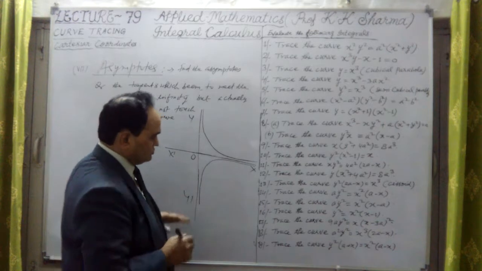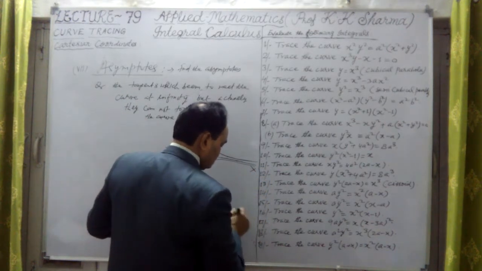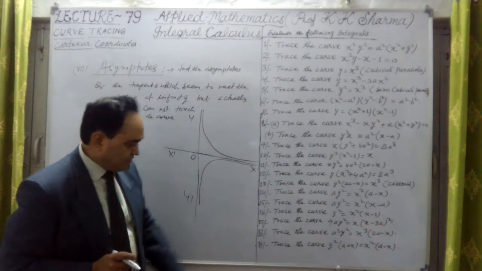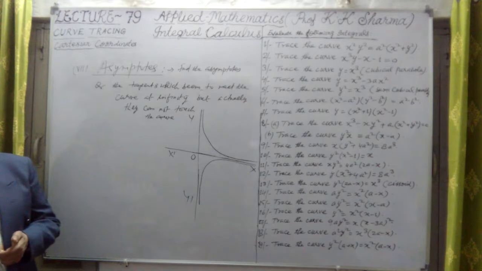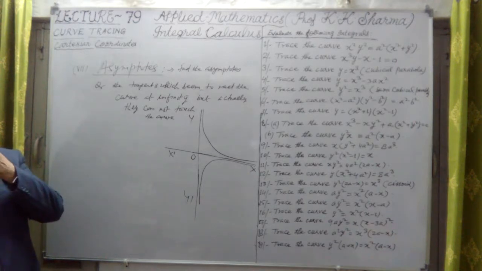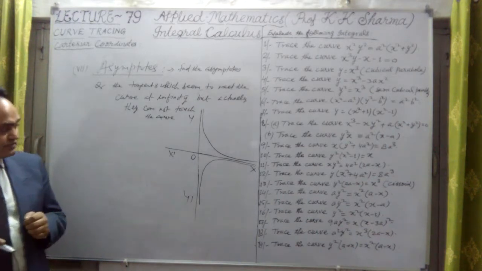Now let me take the questions one by one. First question, let me talk about. That will clarify some points here. So points of intersection we have talked about, that x equal to 0 or y equal to 0 on the axis, so we have to find out those points of intersection.